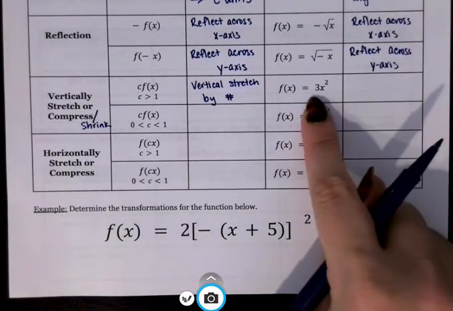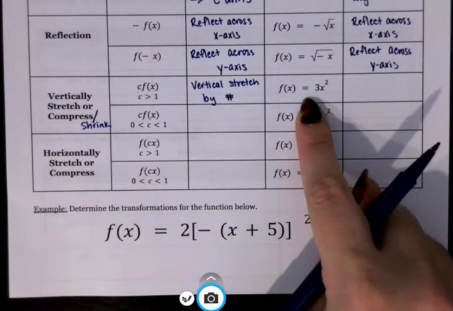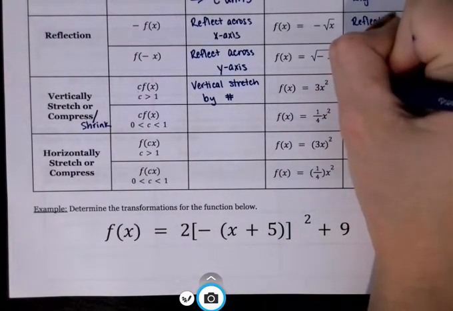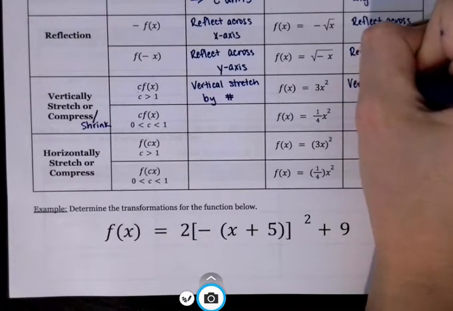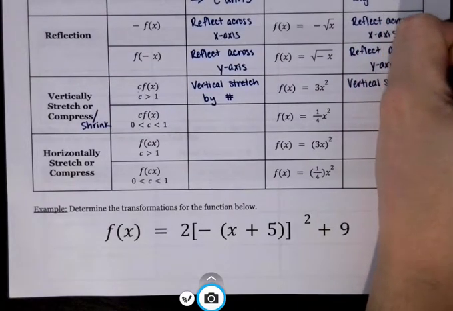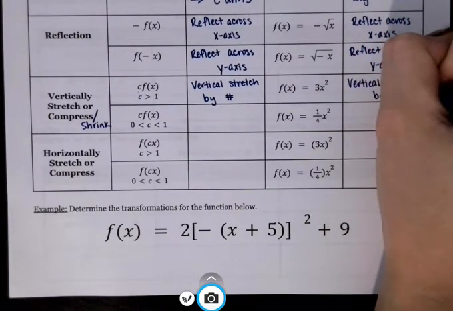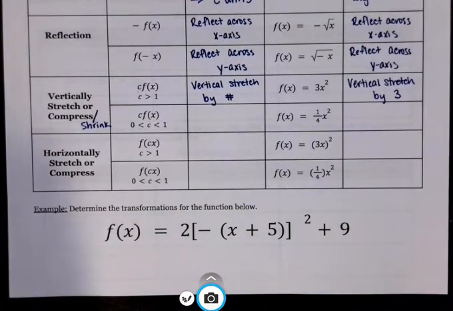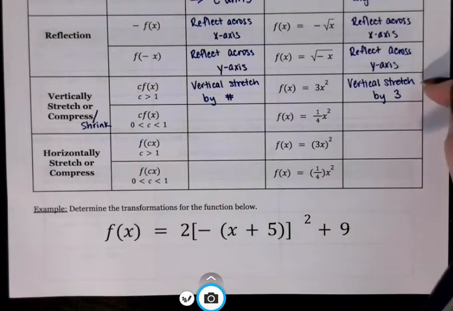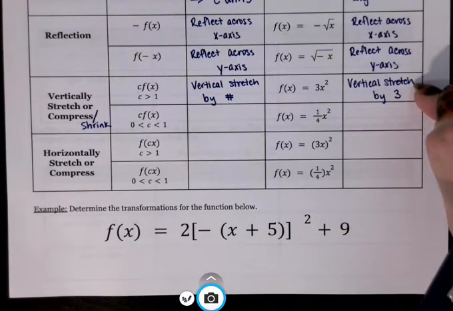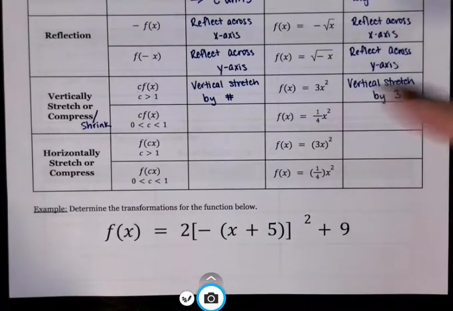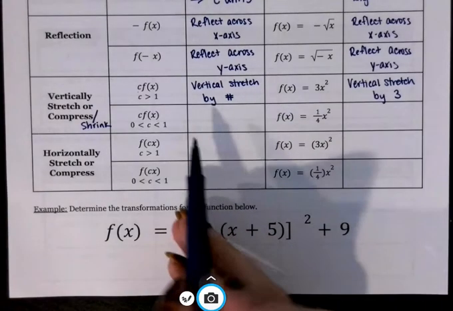So here I see my 3 is on the outside. So we're going to say there is a vertical stretch by 3. If you just say stretch by 3, you would not get credit because I need to know if it's a vertical stretch or a horizontal stretch, and I need to know that you know the difference between those.